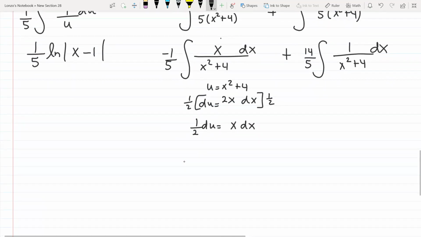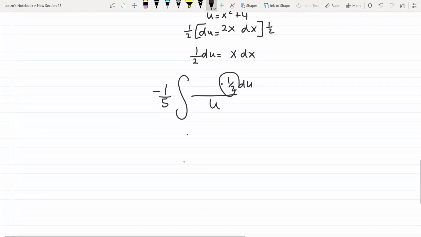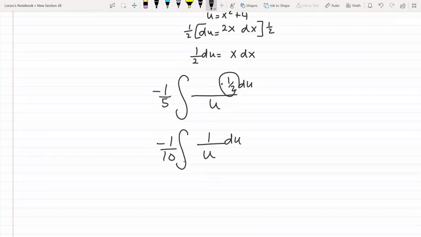So it's going to be x squared plus 4 is u, and then you're going to replace x dx with 1/2 du. And don't forget, you still have a -1/5. And what you could do next is 1/2 is a constant, so you could take it out. So 1/5 times 1/2 is -1/10. And then you have 1 over u du.